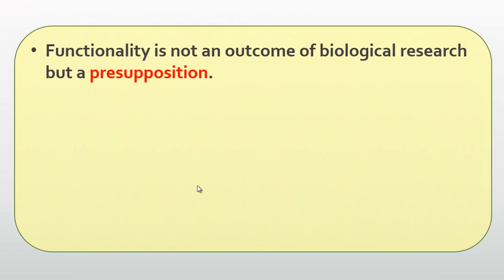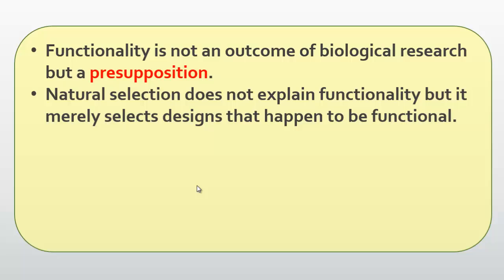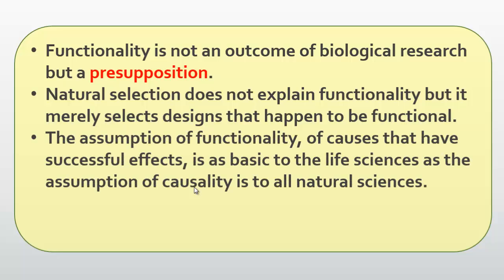So how do we know that there is functionality and design? Again, it's not an outcome of biological research, but it's an assumption, a presupposition. Natural selection does not explain functionality, but it merely selects designs that happen to be functional. So natural selection is based on functionality. Functionality is about causes that have successful effects.